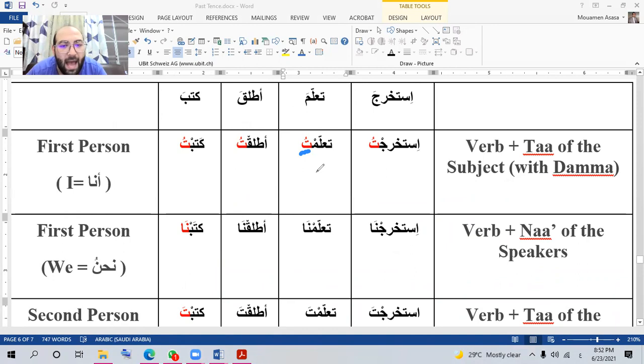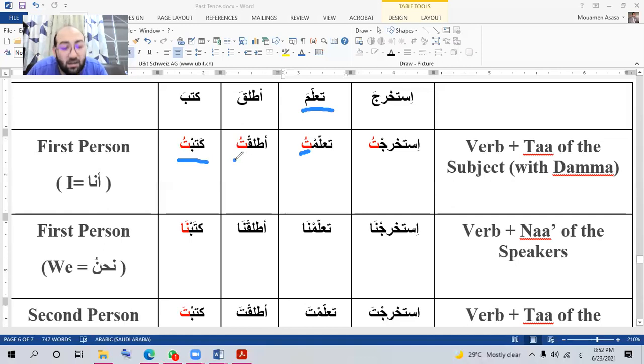In past, we add ta. Where do we add it? We add it to the simplest root. What is the simplest root? The simplest root is the past tense in terms of he. So we take the past tense in terms of he, we add the letter ta, and it becomes the past tense for me. I wrote, كتبت.